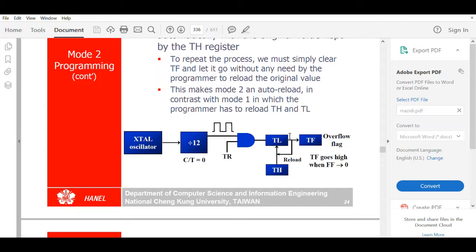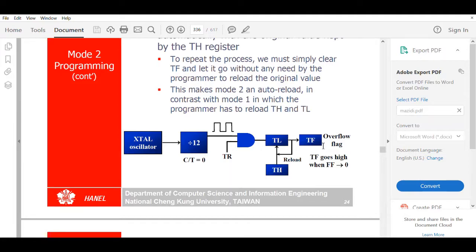Here the difference is that in the other case, TH and TL were loaded with values which can be different, but in the case of mode 2 programming, the TL and TH values are copies of each other.